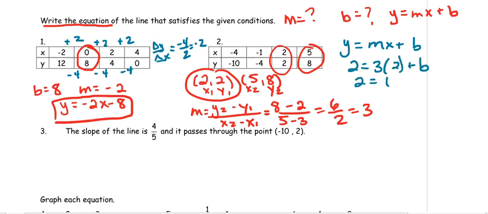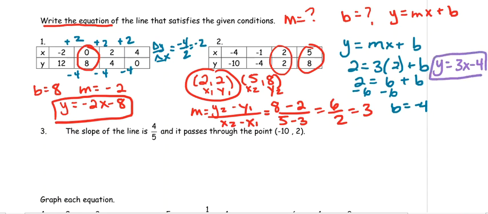So 2 is equal to 6 plus b, minus 6. So b is negative 4. So now we have the 2 values that we need. So it's going to be y equals 3x minus 4. And that's your equation. So there are, again, a lot of ways to go about this. You do not have to. It's just take what you need, what you're comfortable with.